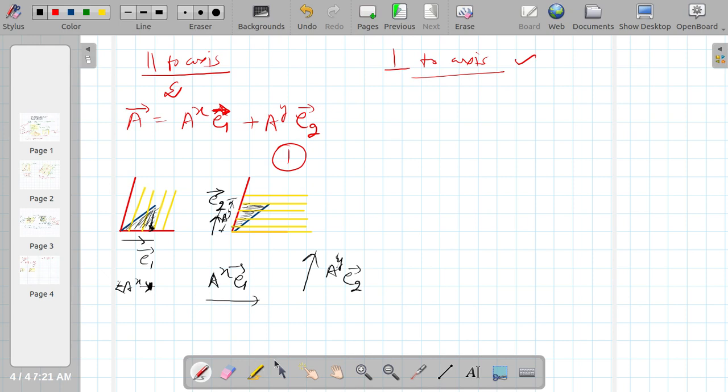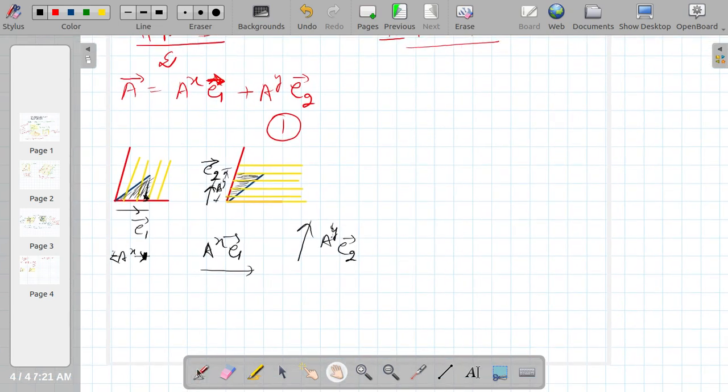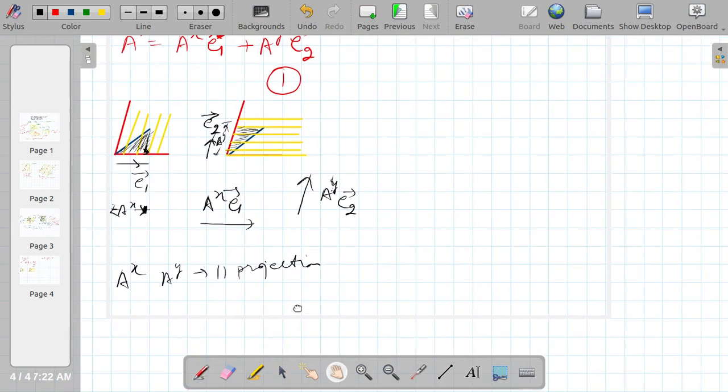And here is another very interesting thing: I have chosen AX and AY for a parallel projection, and this parallel projection is also known as contravariant. These are the new terms which we are getting.